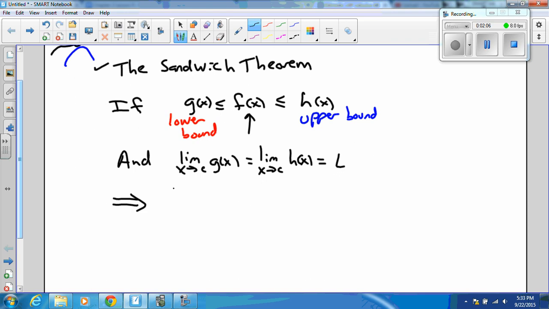If these two things are true, then the limit as x goes to c of f of x must be L also.